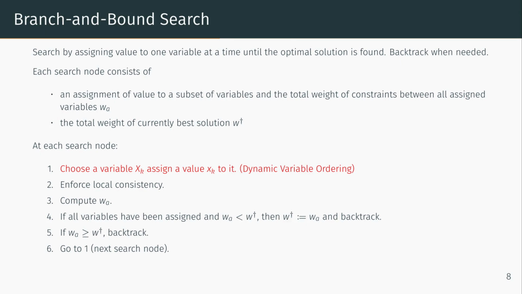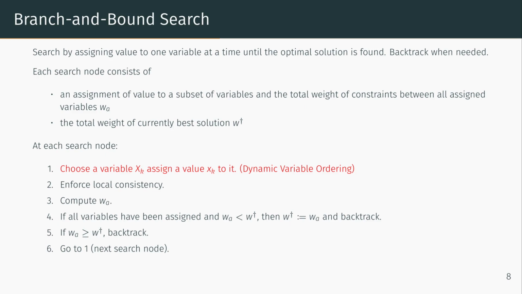At each search node, we have two important variables. One is the total weight of all constraints that are between all assigned variables. So when you have assigned a subset of variables, the total weight of the constraints between them is called WA.